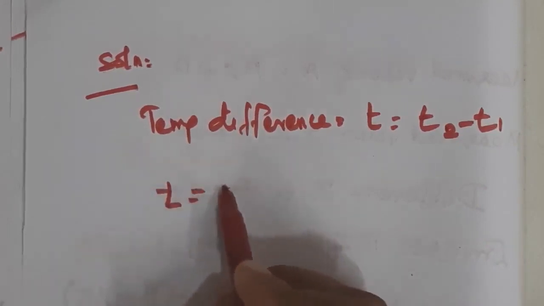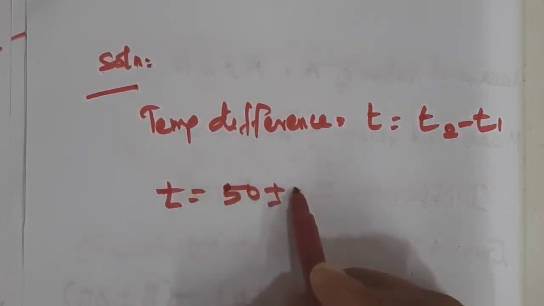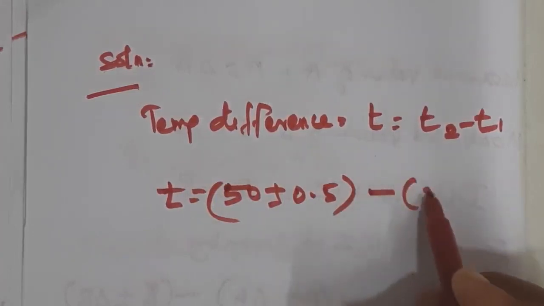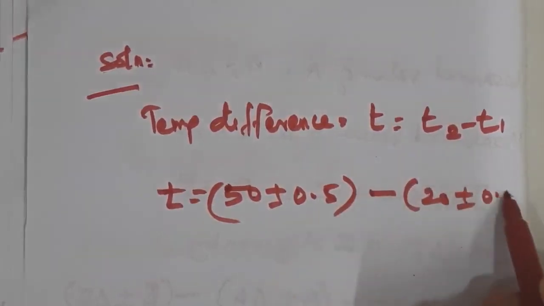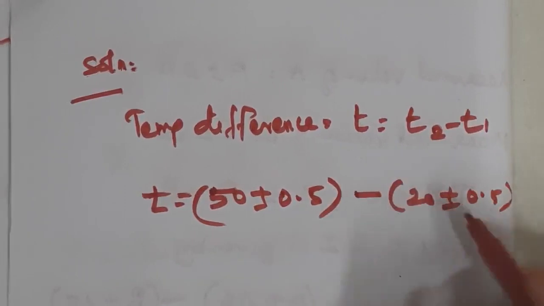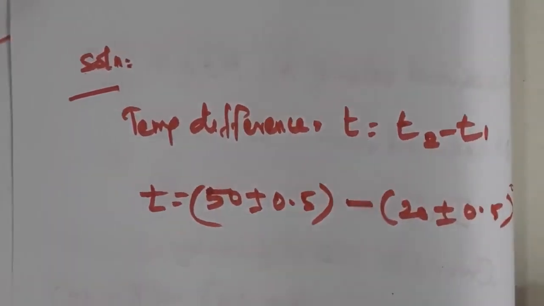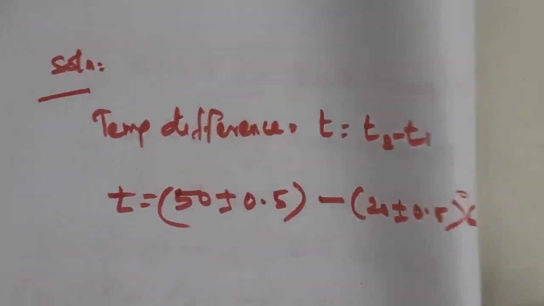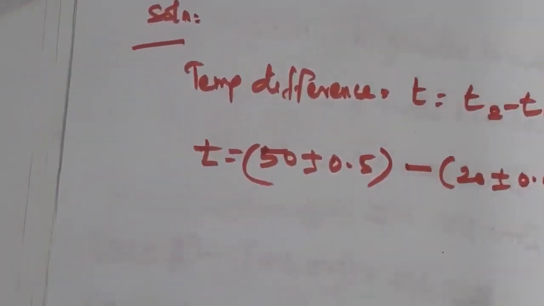So I can write T, that is, T2 is 50 plus or minus 0.5, and T1 is 20 plus or minus 0.5, isn't it? The unit is degree Celsius, okay?